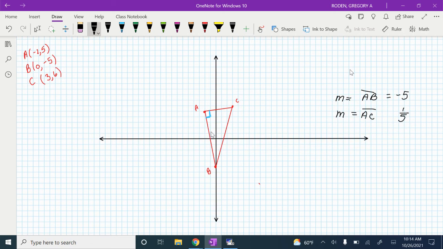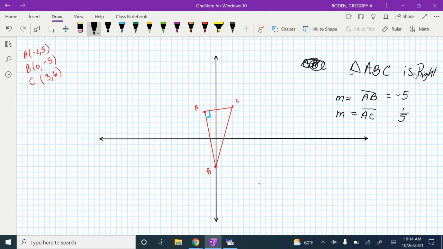Now, if it's a right triangle, we can do a lot of cool stuff with this. First of all, we know triangle ABC is a right triangle. Now, guys, a right triangle is a super powerful triangle.